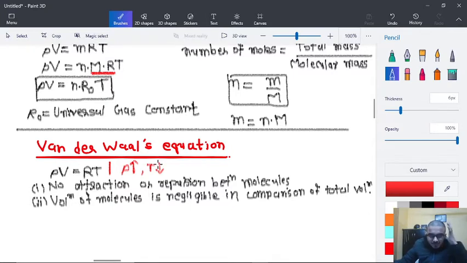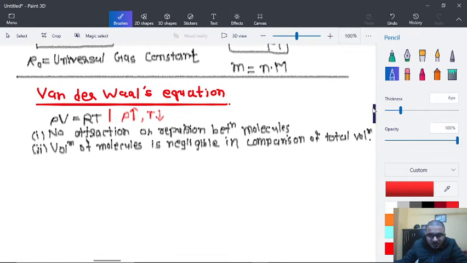With higher pressure, the attraction forces between molecules are dominant, as well as the volume of molecules is at par with the total volume. So for that purpose we cannot apply this standard equation PV is equal to RT, and we need some modification of this equation. So we will do correction for these two assumptions for actual application.